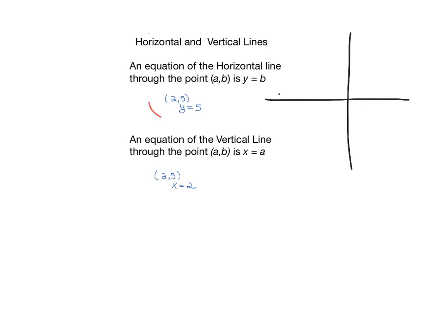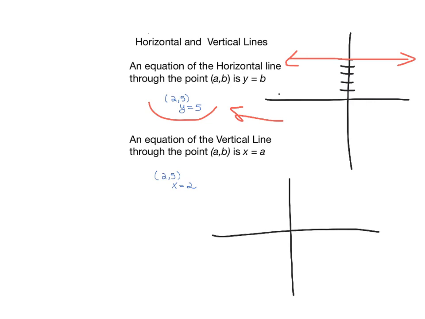Whenever you're given an ordered pair, a horizontal line is going to be a line through the y-axis at your y-coordinate. So it would be a horizontal line through the 5 if it were this equation. When it's a vertical line, this would be up and down. Back to the horizontal. Horizontal lines have a slope of 0.